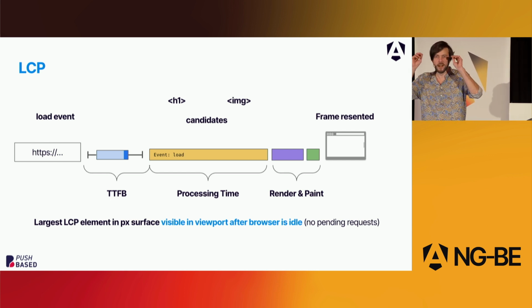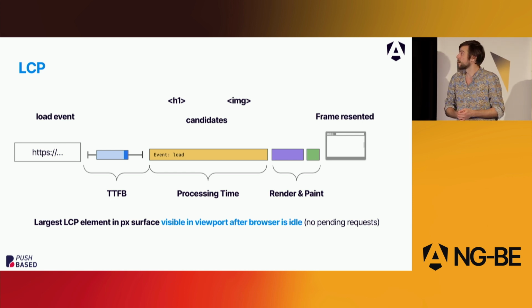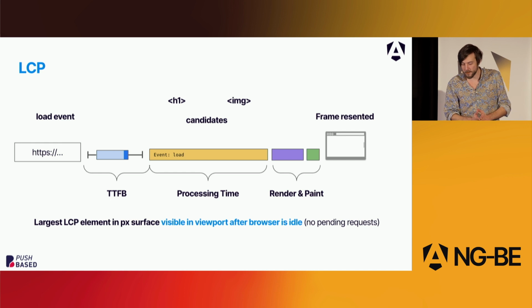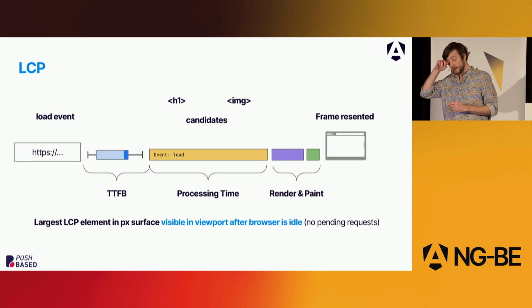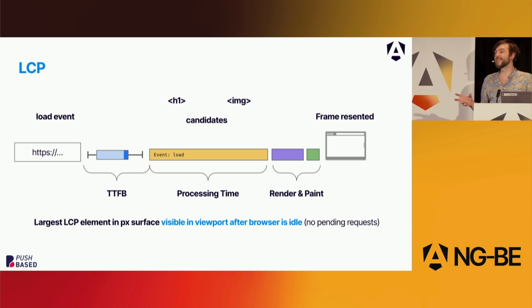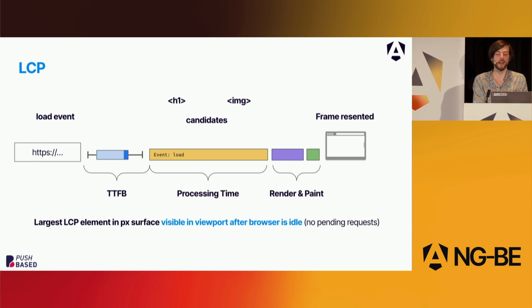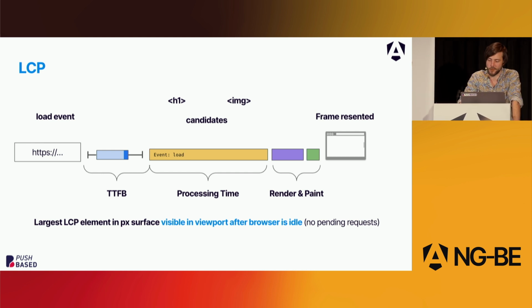Maybe first the headline pops up of your page, and that is definitely the LCP candidate at that moment in time, but later on also the images load in, and after the first image pops in, that is most probably your new LCP candidate. When you're done with rendering and frame presenting, then you know which of all those candidates is the last one, the most important one for you, and that is then the LCP element, and with this candidate you can also determine the LCP time.